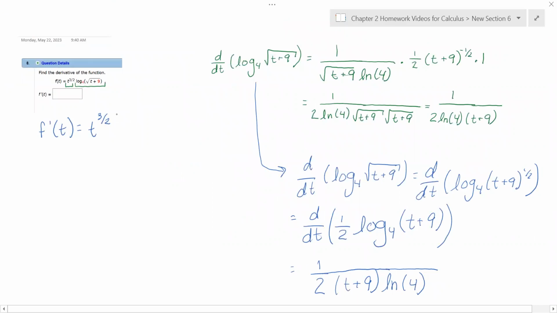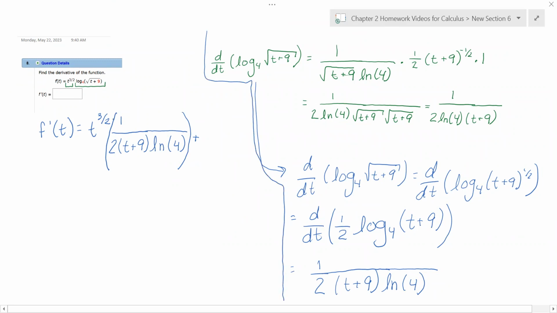So let's go back over here. I have the derivative of the second factor. So this is going to be 1 over 2 times t plus 9 times natural log of 4, plus, and hopefully I can keep these separated, I didn't really leave myself enough room, the derivative of t to the 3/2. This is going to be 3/2 t to the 1/2, and then times the log base 4 of the square root of t plus 9.